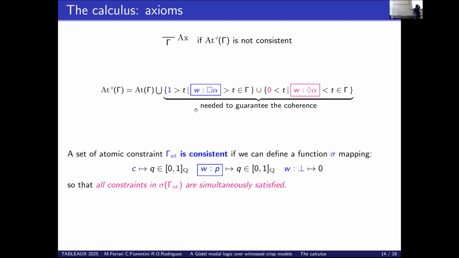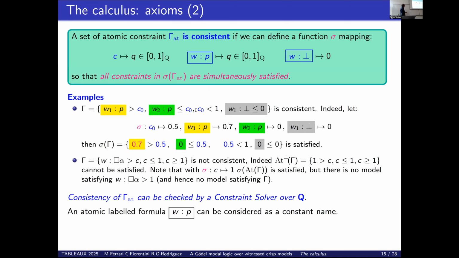We need to add some more atomic constraints on box and diamond formulas, but this is technical, not so relevant. The important point of the definition is that consistency of an atomic set of constraints can be checked by a constraint solver over Q. So we can use a constraint solver to check consistency of a set of constraints over the rationals.